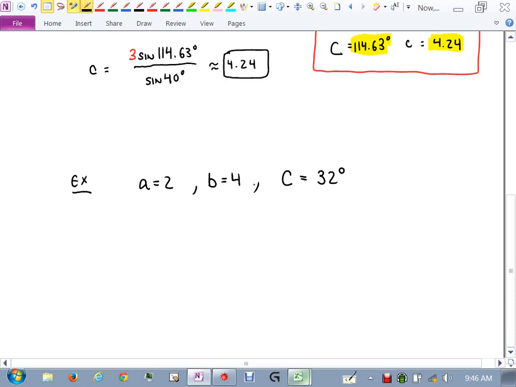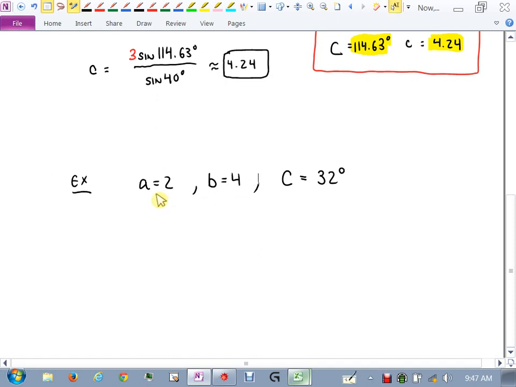And I ask you to solve the triangle. Notice anything? I don't have 2 of anything, exactly. I can't set up a ratio. No matter how I do it, I can't do it, right?